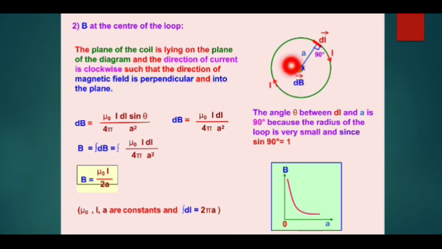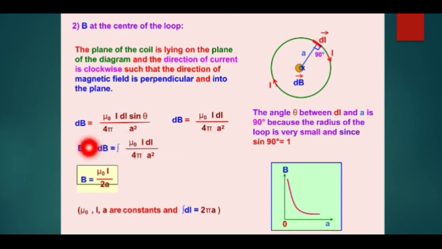The magnetic field at the center of the circular loop, according to the Biot-Savart law, dB is equal to mu naught I dl sin theta divided by 4 pi a square. Substituting sin 90 equal to 1, what remains is mu naught I dl divided by 4 pi a square.